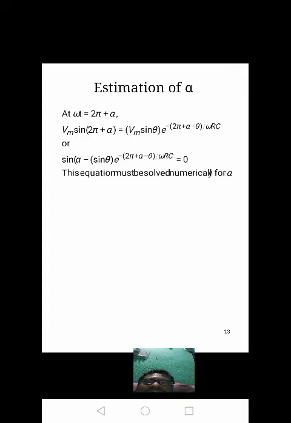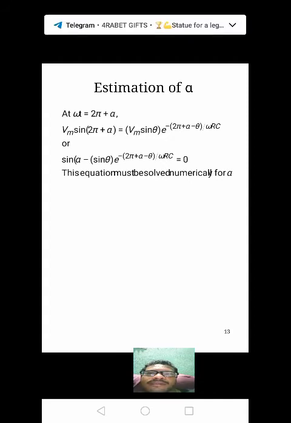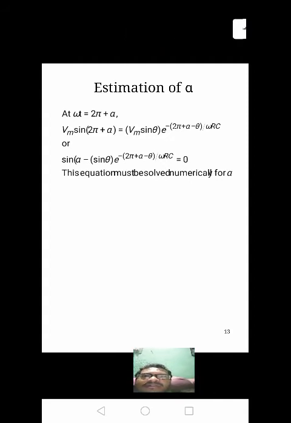Estimation of alpha. At omega t equal to 2 pi plus alpha, Vm sin of 2 pi plus alpha is equal to Vm sin theta into e power minus 2 pi plus alpha minus theta divided by omega RC.